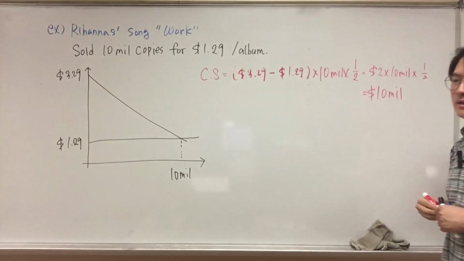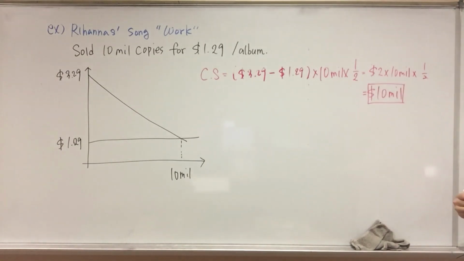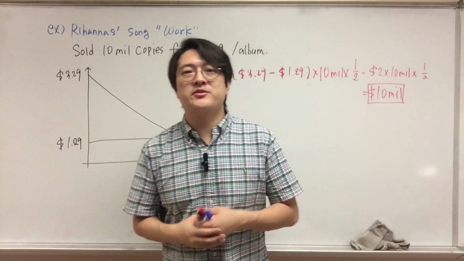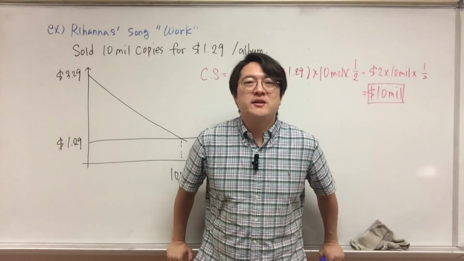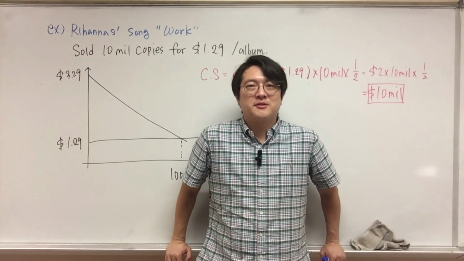Okay, this is the consumer surplus of Rihanna's album. So Rihanna's albums can generate about $10 million in consumer surplus. It's an amazing amount, right?